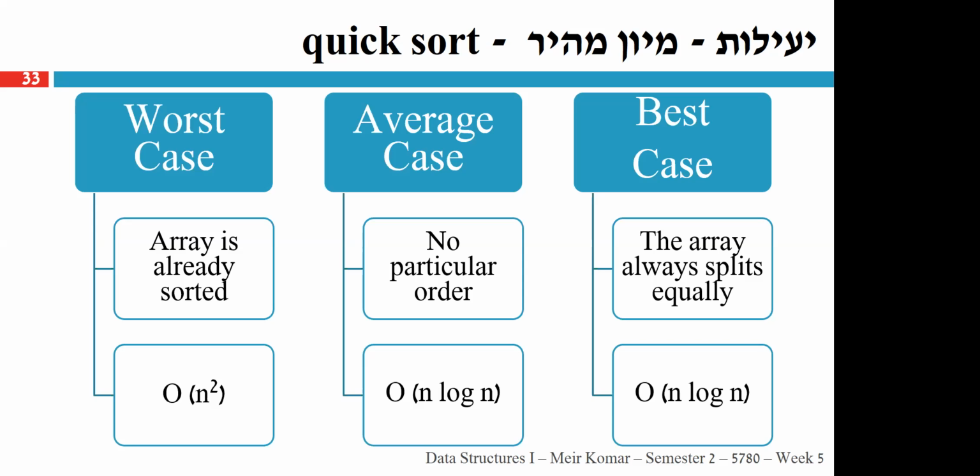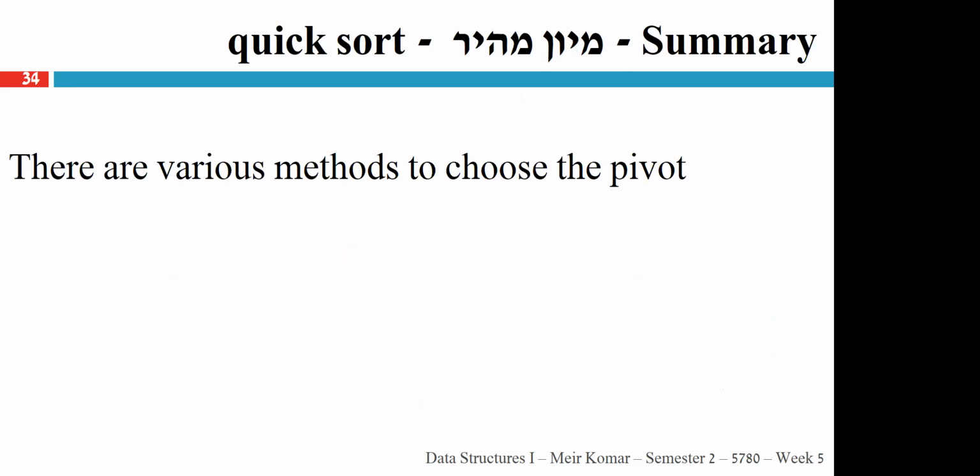Two points to mention. There are various methods to choose the pivots. I mentioned it beforehand. There are a lot of studies, but basically there are three different ways you can choose the pivot. I can choose the right-hand value. You can also choose the left-hand value. And now listen carefully, I can also choose a random pivot.